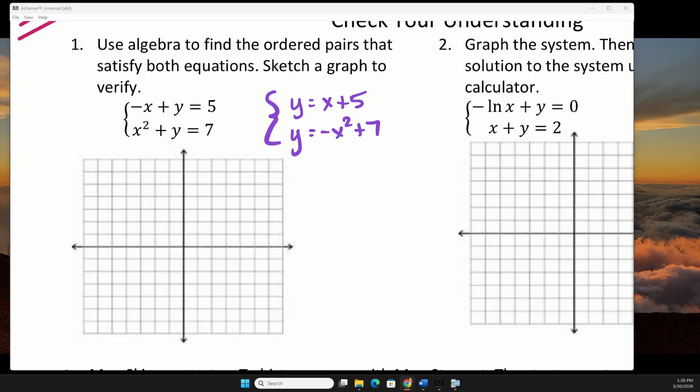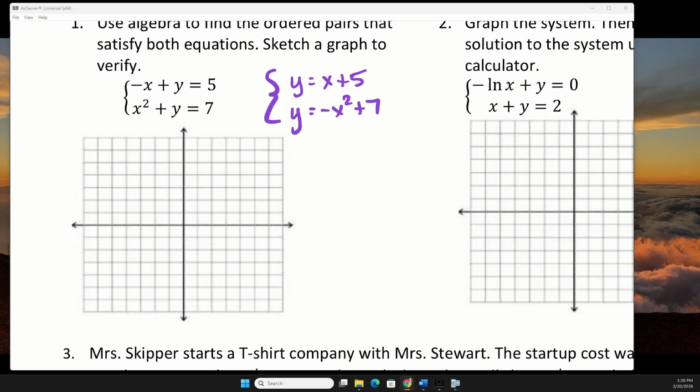I feel like maybe the very first unit we did this year was on lines, and it's been a while, but if we were going to graph this line, what part of the line is 5? Do y'all remember? The y-intercept. So on the y-axis, we would have a point at 5.